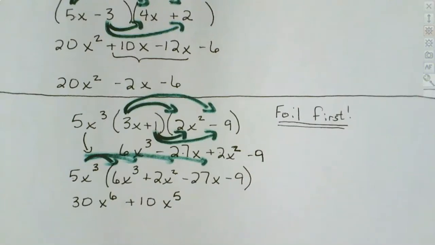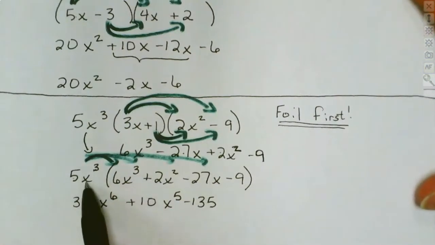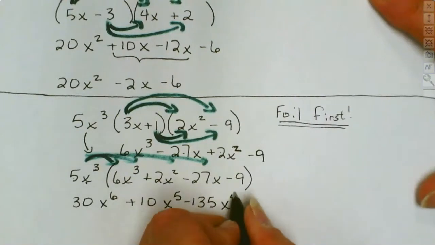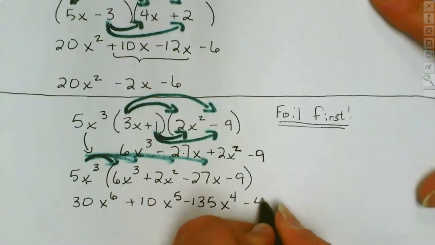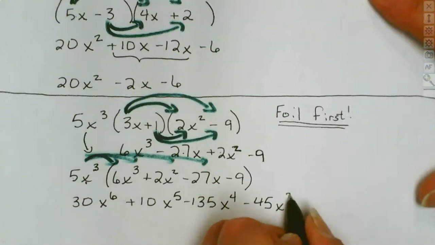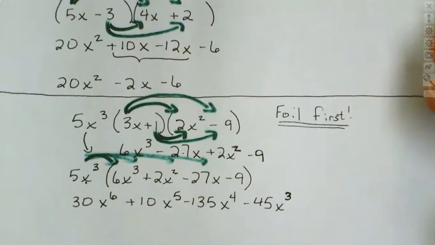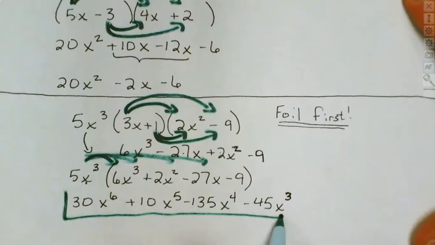But let me double check and make sure. Yep, that's going to be a minus 135. X's, we have 3. 1 more makes it x to the 4th. And then finally, we have 5 times a negative 9, so that makes it a minus 45. And the x comes along as an x cubed. So that would be your final answer on that.